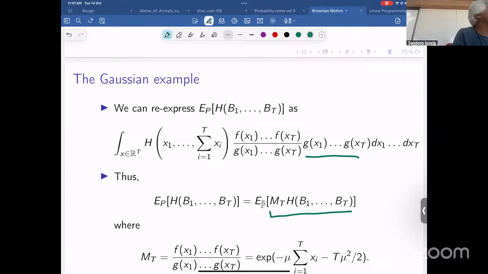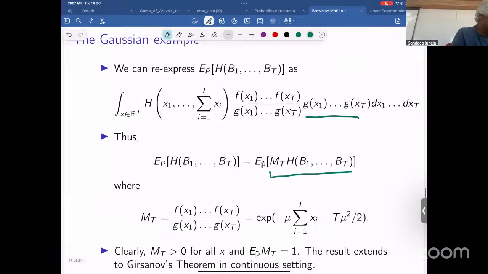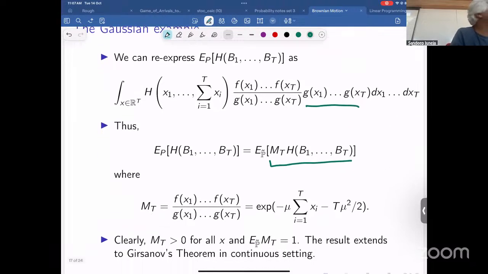MT, we're calling this guy the likelihood ratio. It's exactly the quantity you need when you go from P to P tilde.